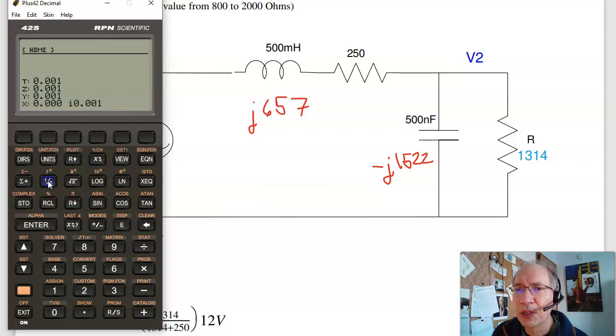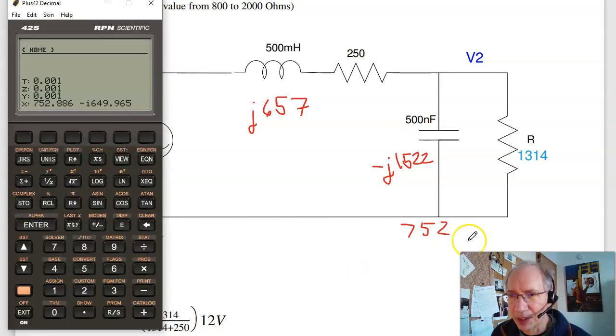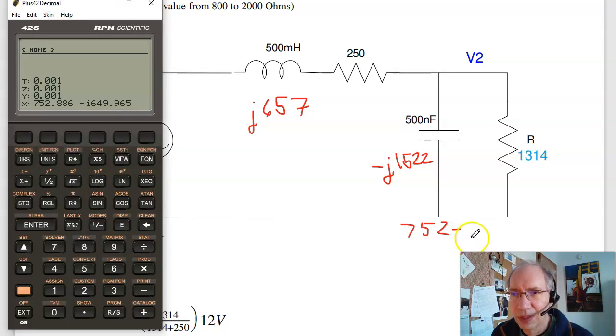In parallel, the inverses add, so there's the inverse of R, inverse of C, add, take the inverse. So all this together is 752 minus j649. I just lost my calculator.